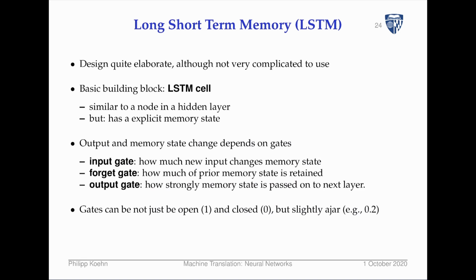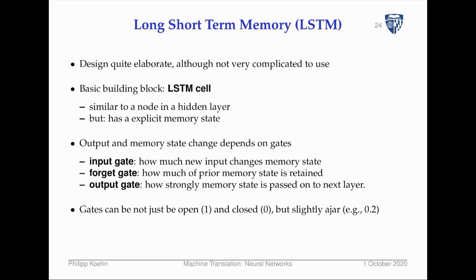So the long short-term memory is a somewhat elaborate design, but it's not really very complicated to use. The very basic building block is called the LSTM cell. It's similar to a node in a hidden layer. So we basically still have the same architecture. We're just going to swap out that hidden layer node with something that is a bit more complicated.